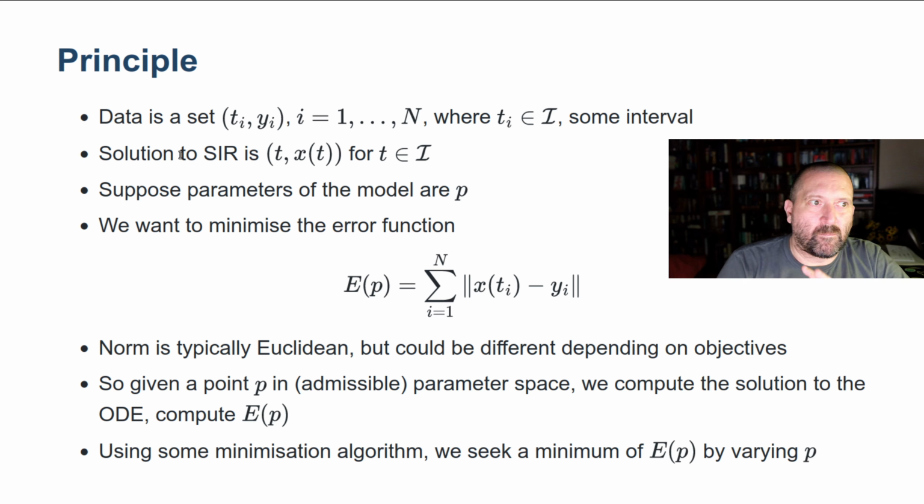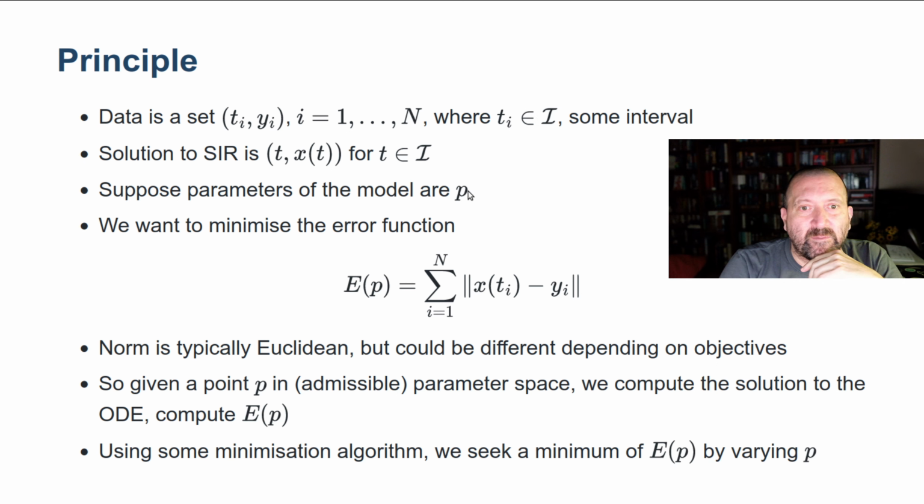And then we look at, so here I'm looking at the SIR model, okay? And I'm going to say, well, the solution to my SIR model at time t is some x of t. So SIR here, for all the times in the same interval of time that we're considering.